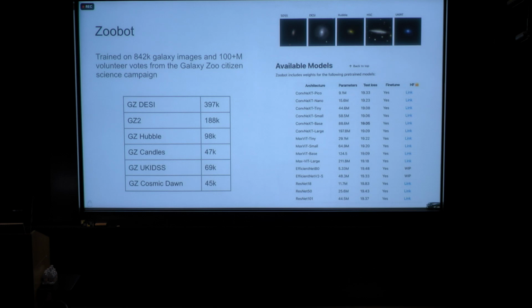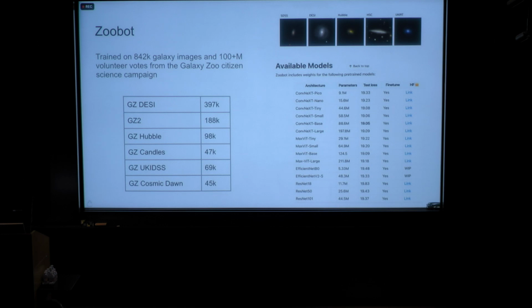This model has been trained on the largest collection of labeled images, around 800,000 galaxy images, and these models were trained using volunteer votes from the Galaxy Zoo Citizen Science Project, which amassed more than 100 million volunteer votes.